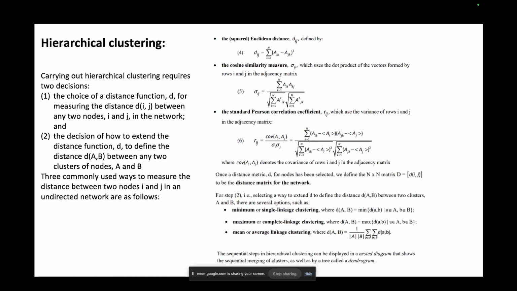So you have different functions to define. Simply, you can define Euclidean distance or cosine distance, or you can define Pearson correlation coefficient, which can be used as a proxy for a distance, or you can do a lot of things. Here you have that mathematical freedom to define what you want to define.